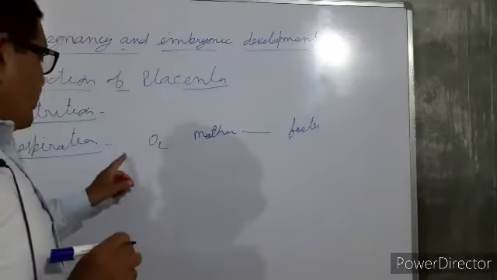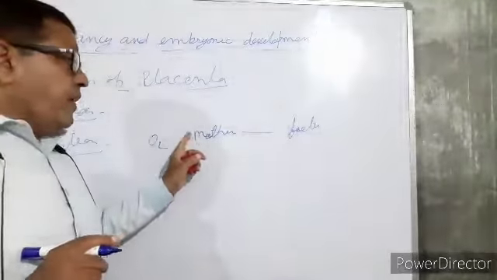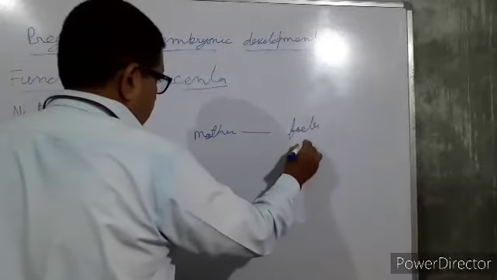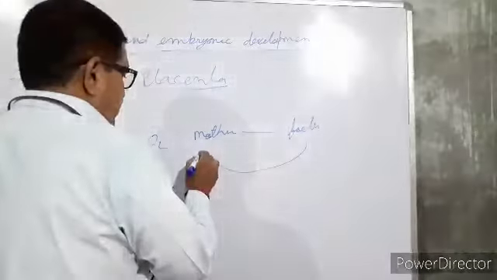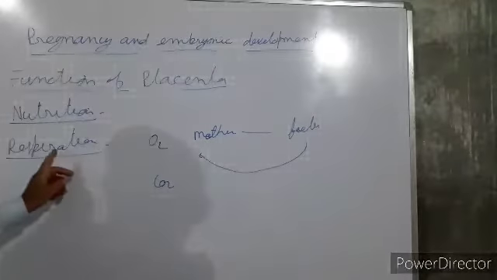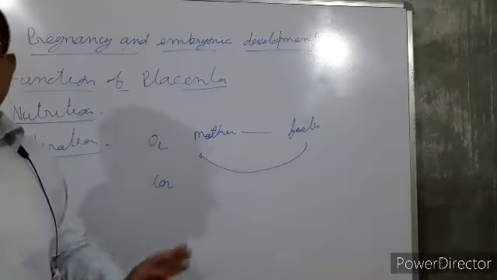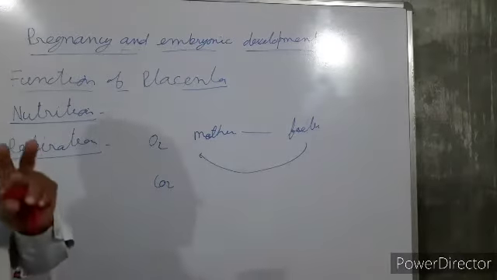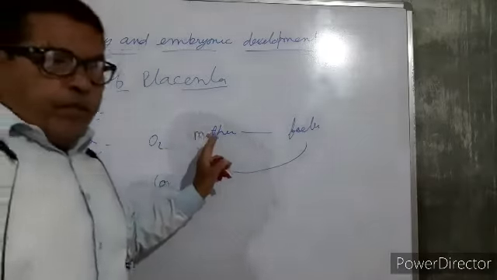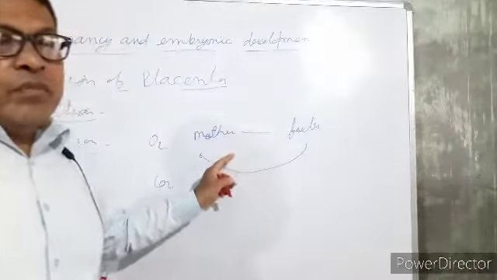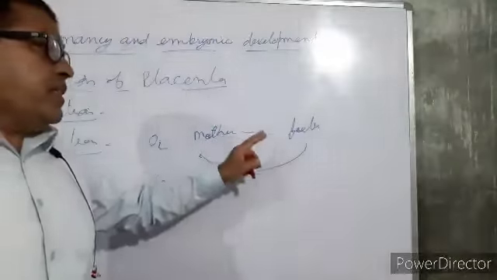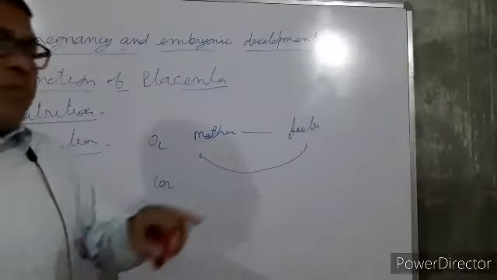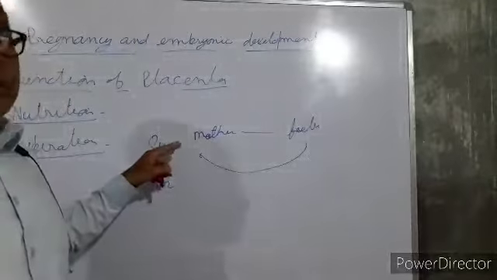It transports oxygen from the mother to the fetus and carbon dioxide from the fetal blood into the maternal blood. So it helps in respiration by transporting oxygen from maternal blood to the fetal blood, and carbon dioxide produced by the fetus is transported into the maternal blood.